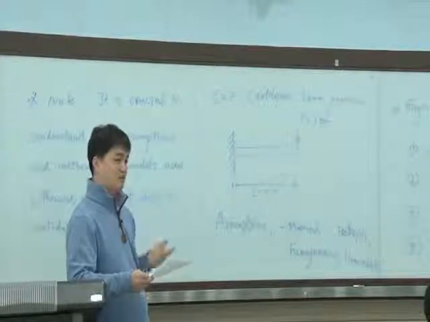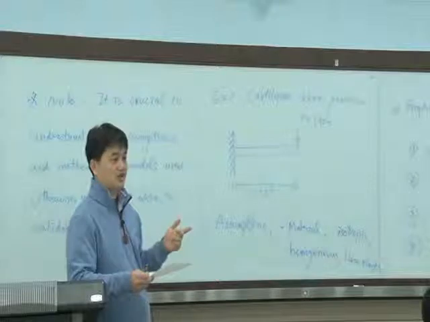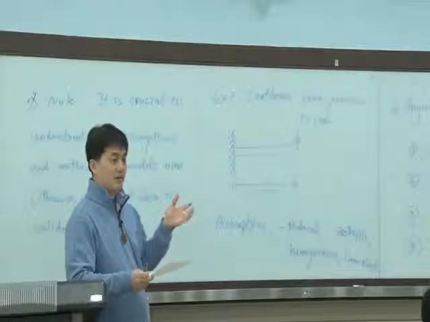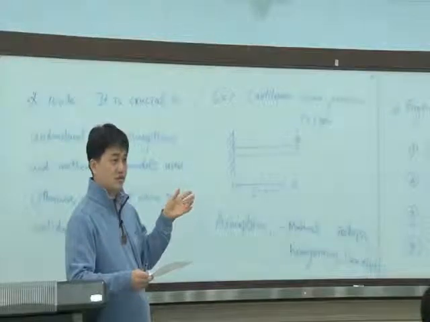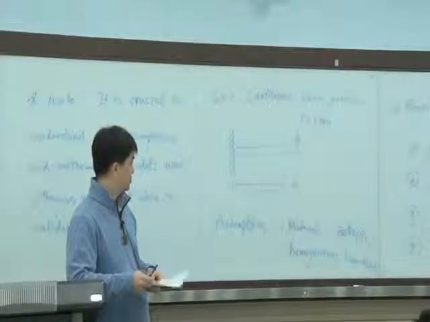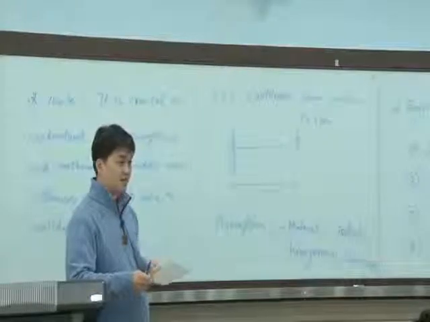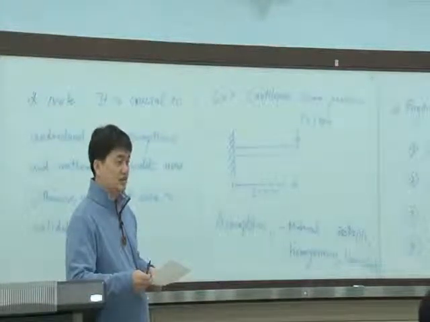And isotropic means the property of material does not depend on the angle, direction. And I think that most of you know about linear elastic, right?